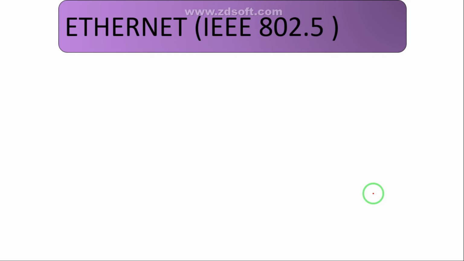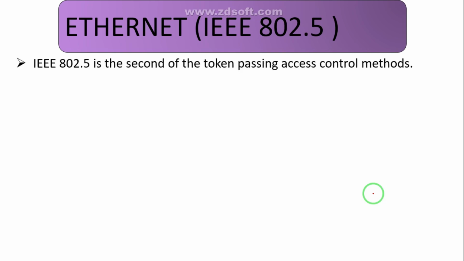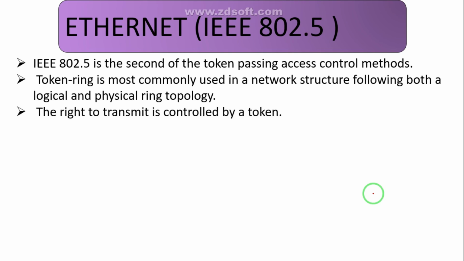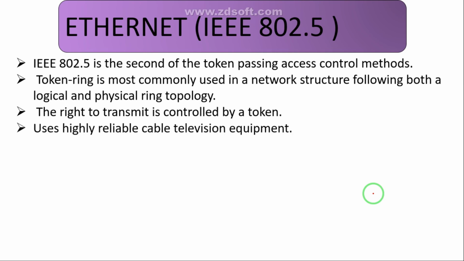Now talking about IEEE 802.5, the last topic of this unit. It is the second of the token passing access control methods. It is token ring. It is the most commonly used network structure, which follows both logical and physical ring topology. And the right to transmit is controlled, of course, by possession of your token.